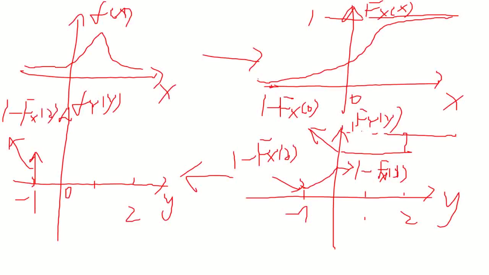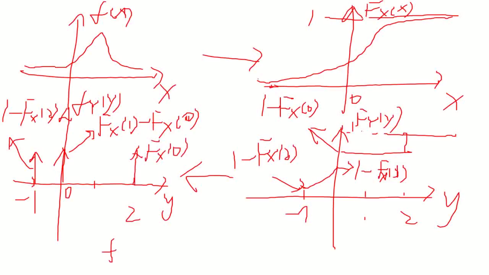And when y equals 0, we get capital F x of 1 minus capital F x of 0. And when y equals 2, it is capital F x of 0. And otherwise, f y of y equals 0.